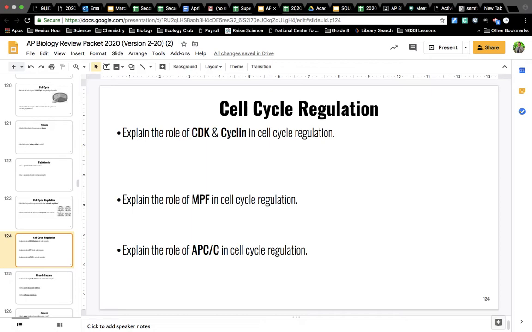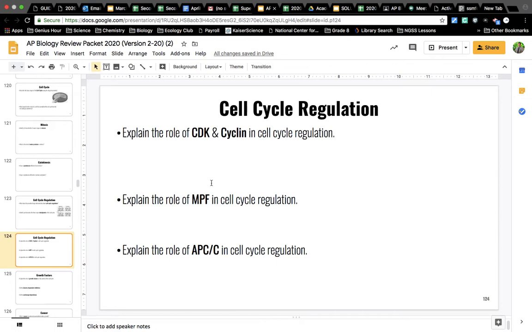Now, the amount of CDKs, cyclin-dependent kinases, also increases and decreases according to this other molecule called MPF. And MPF stands for maturation promoting factor.